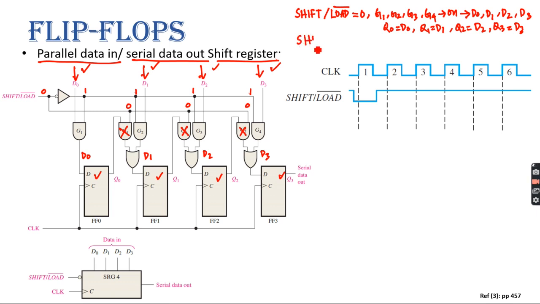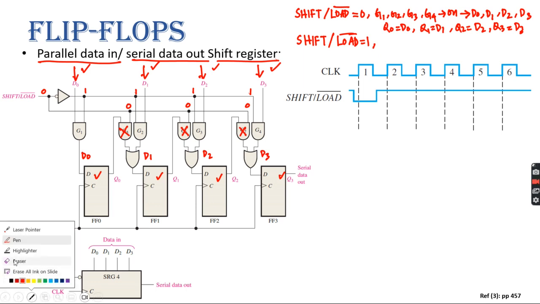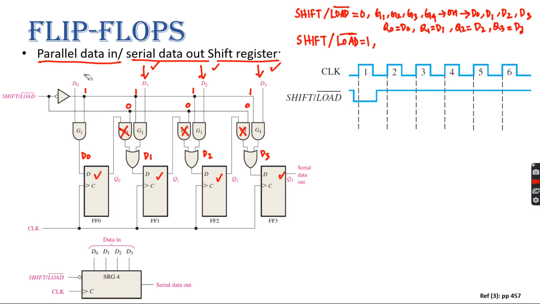When my shift/load signal becomes 1, what will happen then? Let's see.